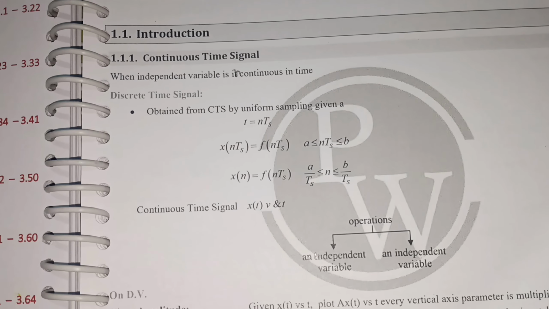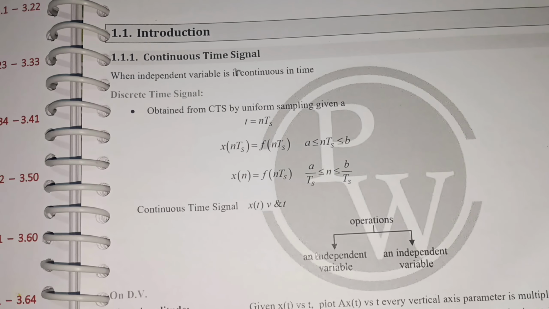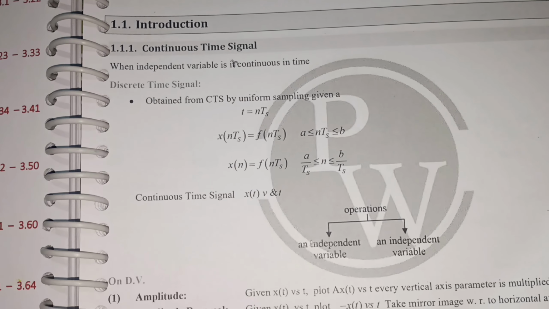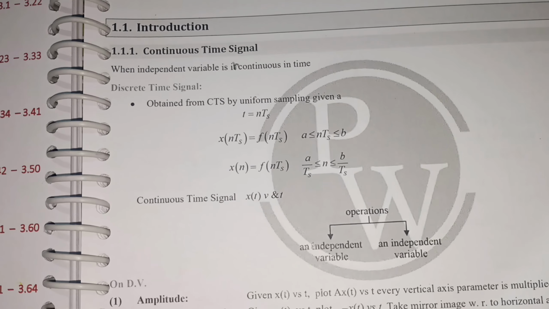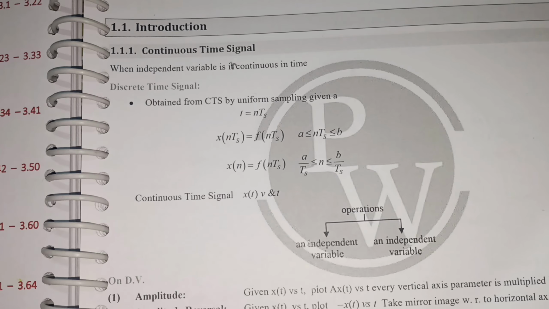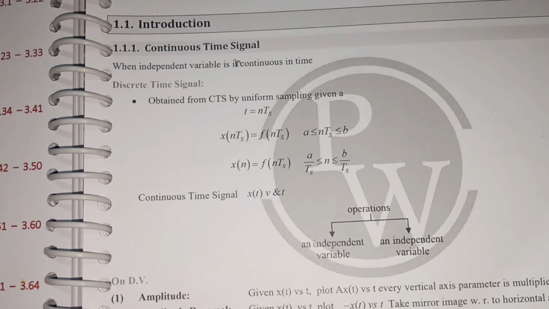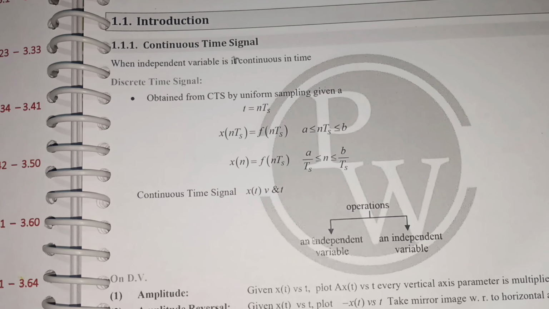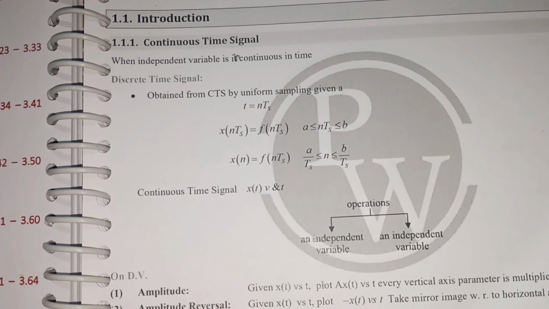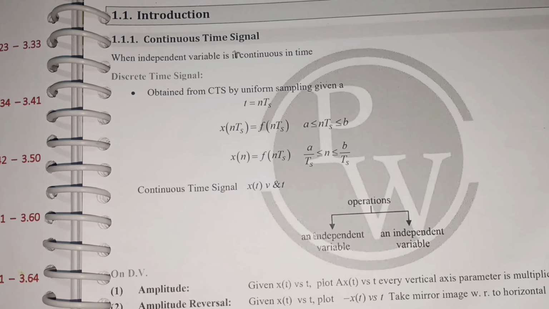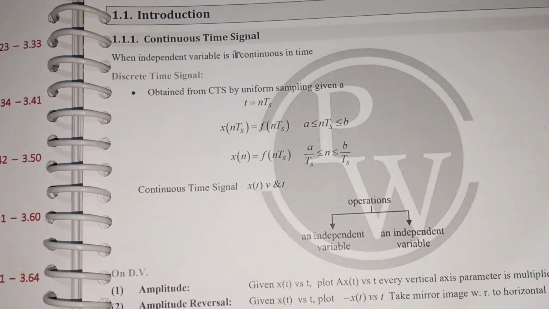t equal to nTs. nTs is what? Ts is the sampling period, and n is a number. So time is how many times the Ts, given as t equal to nTs. So x of nTs equal to f of nTs, where a less than or equal to nTs less than or equal to b.